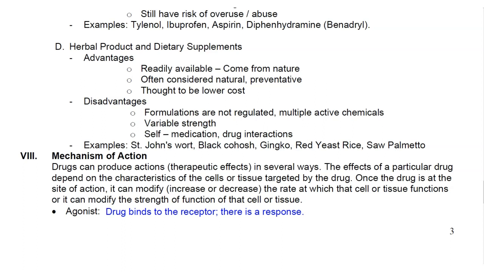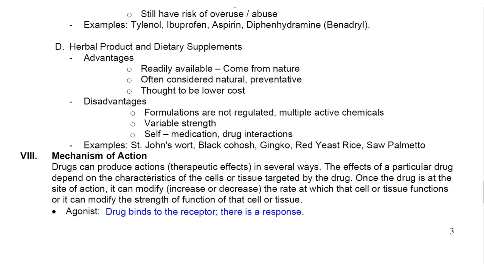Disadvantages of herbal products or dietary supplements include that because they're not regulated, the formulations sometimes aren't consistent. You don't even know what exactly is in that drug because they're not being monitored by the FDA. Sometimes they claim that it's good for, let's say, blood pressure, but there's really no clinical study. There's really no specific evidence that it actually helps with blood pressure.